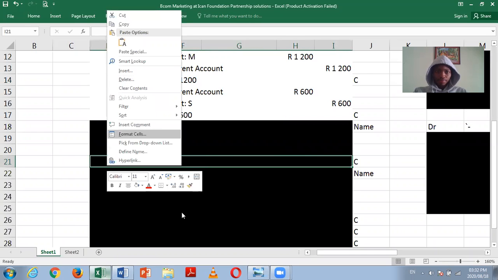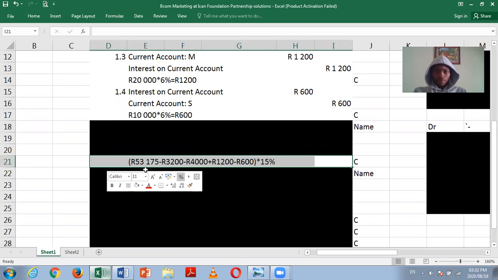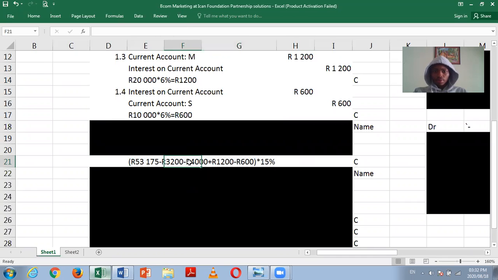So we have 53,175 less 3.2. Remember, the 3.2 is for the interest on capital, and then less 4,000, which is also the interest on current account, plus 1.2. So remember this 1.2, it's for the interest that was charged to partner M. So the fact that the company charged partner M that interest, it means now on the side of the company, they received that interest on current account.